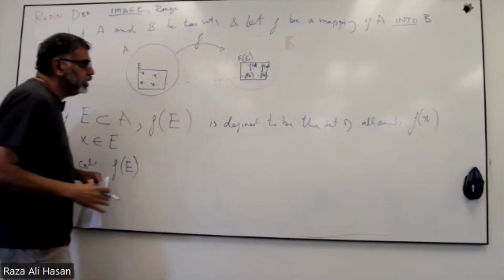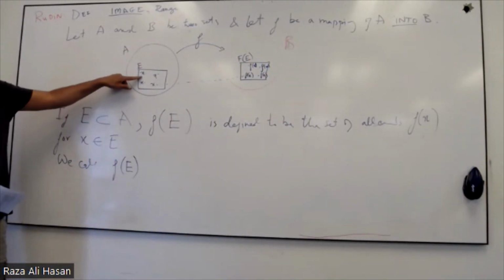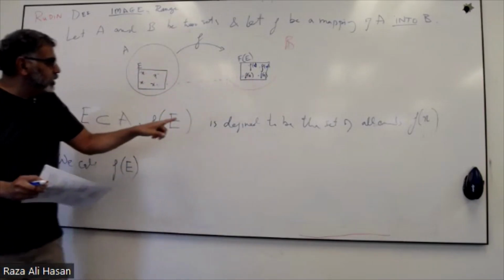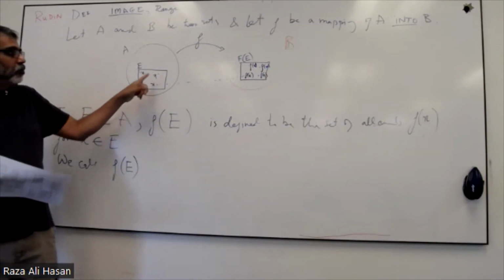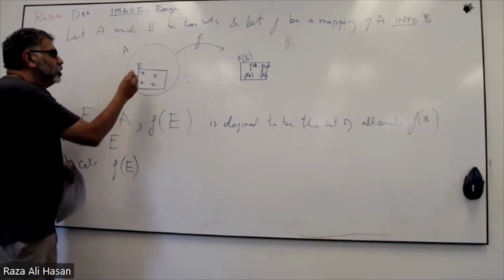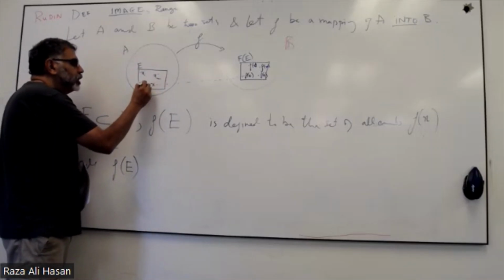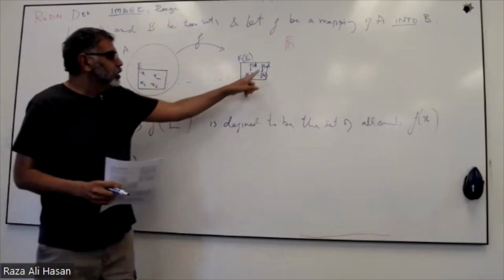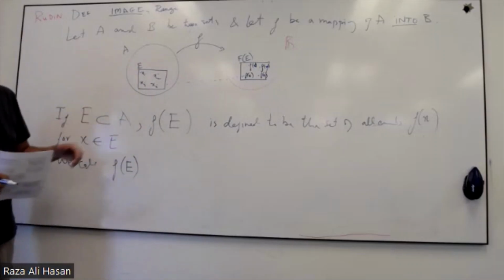So f of x is an image of x. This f of x is an image of this x, whatever its value is. These are different. I could put, it will make it very complicated, but here we go. This f of x is an image of this guy right there.